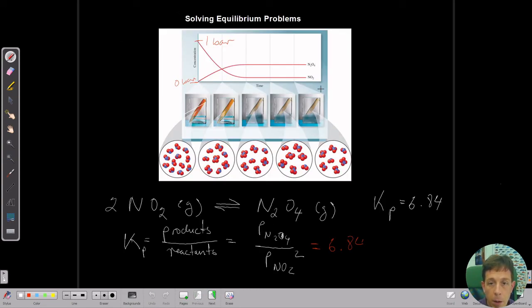So now we know the final partial pressure of NO2 is 0.236 bars. And the final concentration of N2O4 is 0.382 bar.